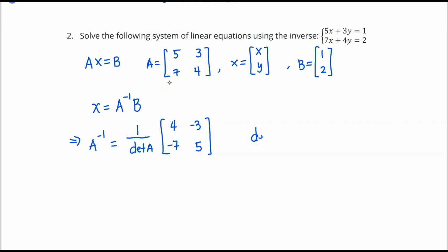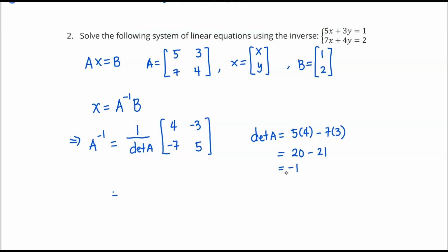So determinant of A is equal to the product of 5 and 4, so 5 times 4 minus the product of 7 and 3. 5 times 4 is 20. 7 times 3 is 21. So 20 minus 21 is equal to -1. So the determinant of A is equal to -1.